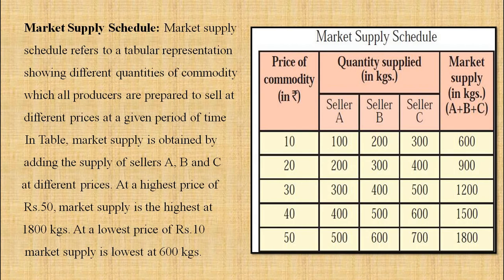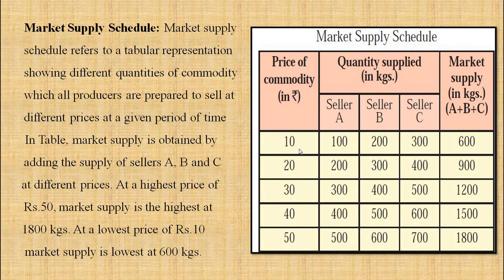Now look at the table. Market supply is obtained by adding the supply of seller A, B and C at different prices. At the highest price of 50, the highest supply is 1800.